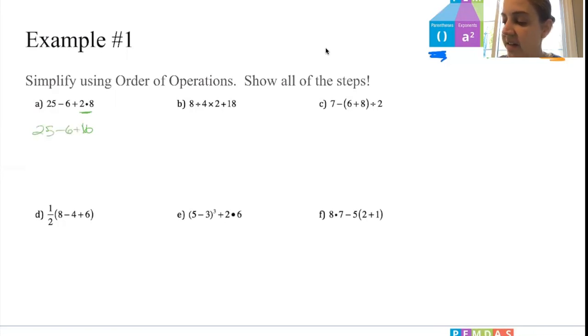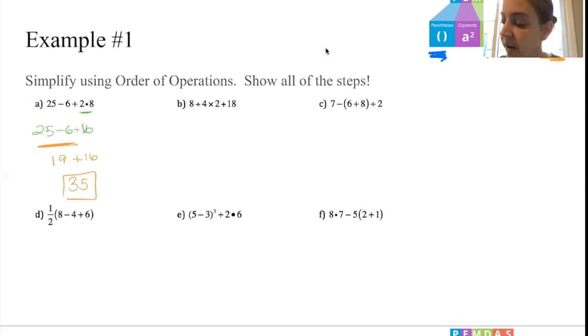Now we have add and subtract. Those are the last step. We're going to go left to right, so subtraction first. 25 minus 6 is 19, plus 16 gives us 35. I don't mind if you use a calculator to help you get to that last step, but I want to see all the steps written down.